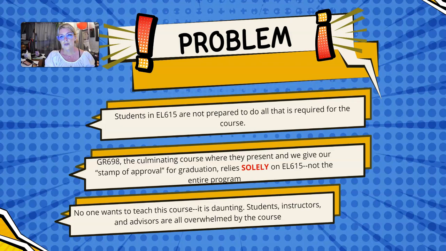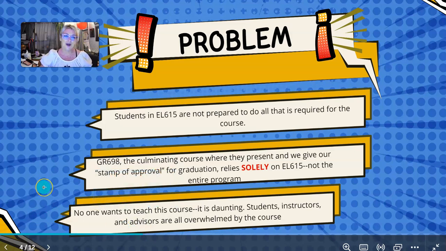I don't think it's doing our students any favors. We should be able to see in GR698: have we or have we not made a difference in the life of this teacher? Have they grasped the true scope and sequence of what it is that we're attempting to do with them?